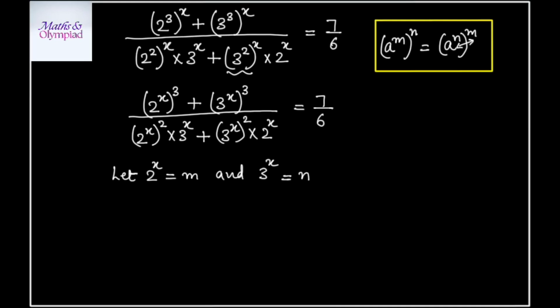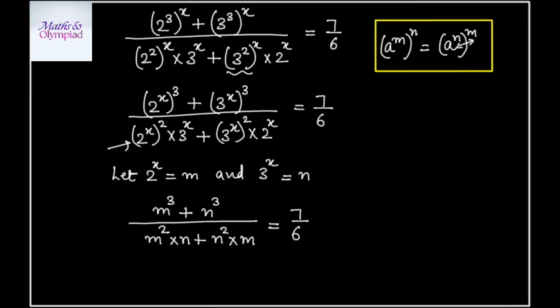So I can write in the numerator m^3 plus n^3 over, here I can write m^2 times n plus n^2 times m equal to 7 over 6. I will write it as m cube plus n cube over m square times n plus n square times m equal to 7 over 6.